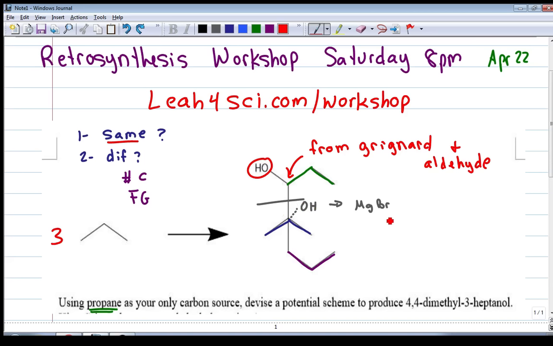So this goes to a Grignard, but initially it could be from a carbonyl being a ketone. That means this one could also be a Grignard. Now there are other ways you can do this reaction, but by thinking of it this way, all we have to do is find out what we can turn into a Grignard, what we can attack into a Grignard, and we are good to go.